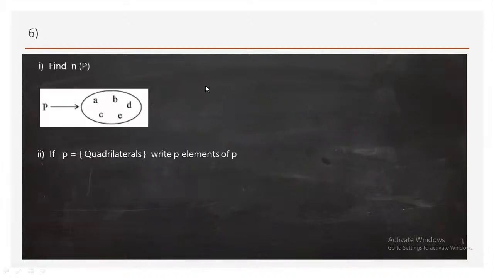Find n(P). So n(P), number of elements, 1, 2, 3, 4, 5. n(P) equals 5. If P equals quadrilaterals, write the elements of P. What are the quadrilaterals?